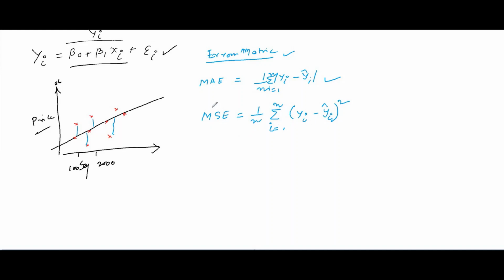Now some of the people will ask this question, why is this so important? I will explain later, but just at a high level, what exactly is the benefit of doing the square? First of all, it will consider both your negative error and the positive error.